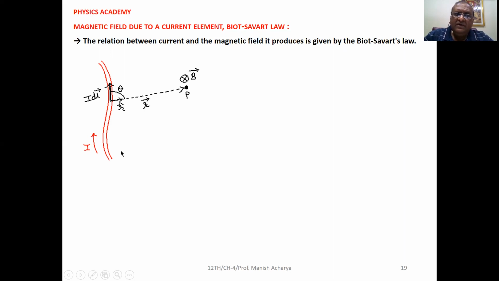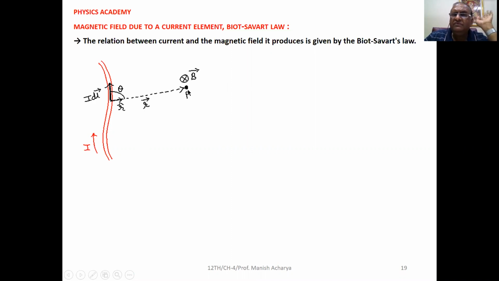Now, here we consider an infinitesimally small current element I dl as shown in the figure. Due to this current element I dl, we want to find the magnetic field produced at point P having position vector r with respect to the current element.